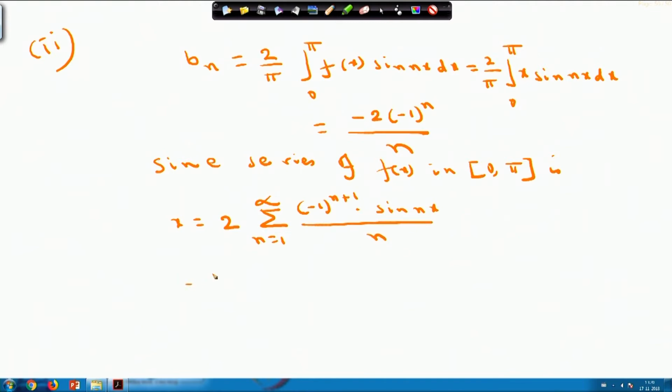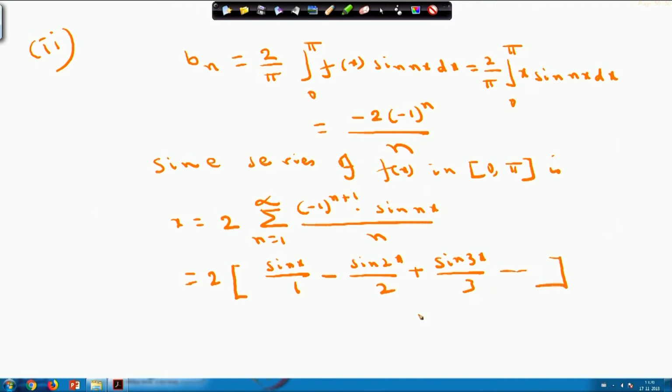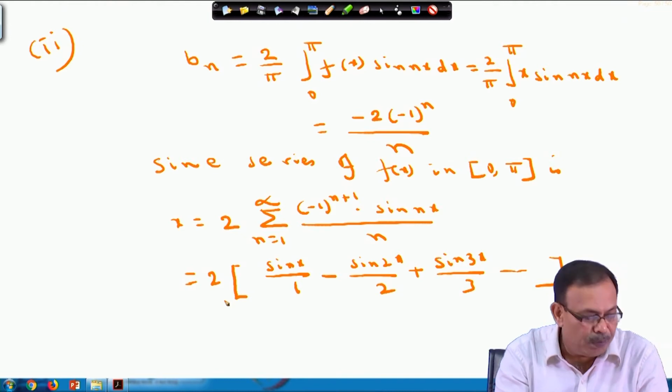And if you break it, if you substitute the values of n equals 1 to 3 like this, it will be sin x by 1 minus sin 2 x by 2 plus sin 3 x by 3, like this way it will go. So this is the sine series of f x equals x in 0 to pi.